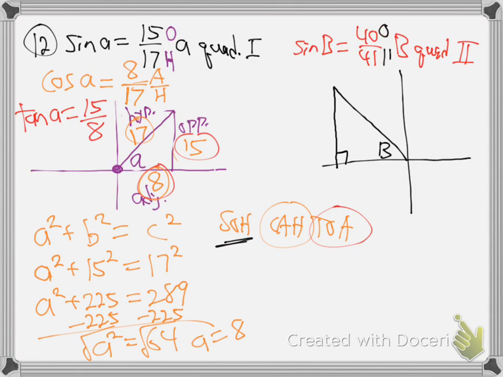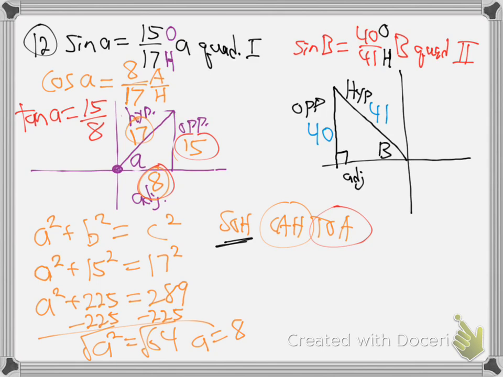So this is opposite, adjacent, hypotenuse, and it's going to be 40, hypotenuse is 41.